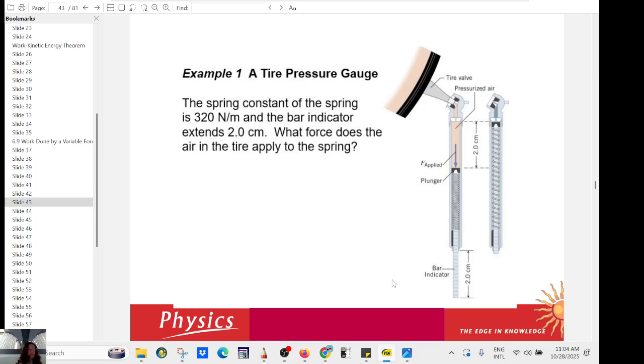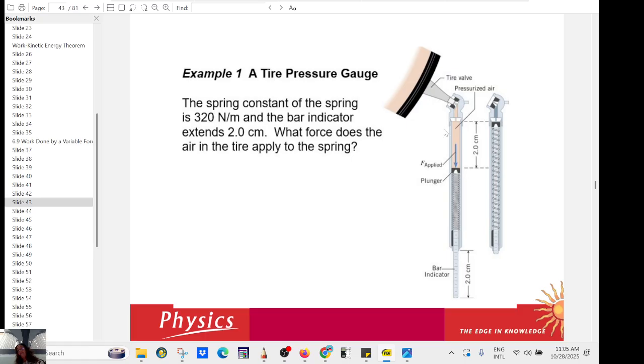Let's do a fast example. This is for tires. When you are inflating your tires, you use a pressure gauge. The gauge is just how much pressure is inside the tire above the atmospheric pressure, so it's a differential. The way you measure the pressure here, you have a spring. It's the pressure gauge.